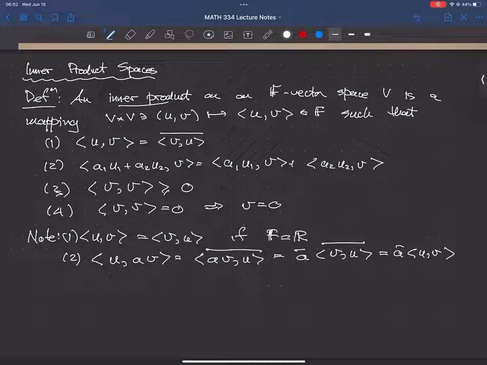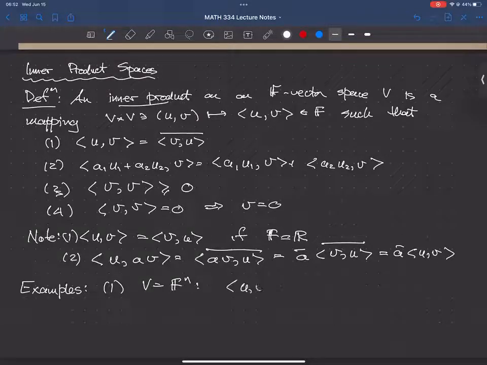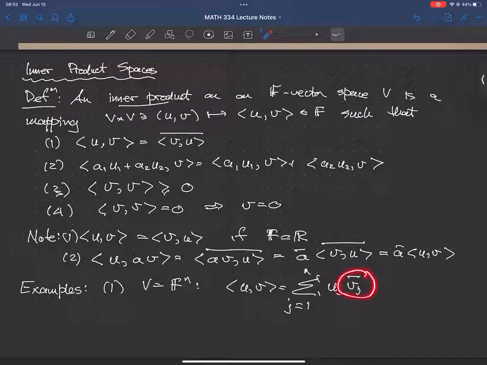All right, so we've seen previously examples of inner product spaces. So in F^n, the standard Euclidean inner product is like so. And there's a choice here about where the conjugate should go.